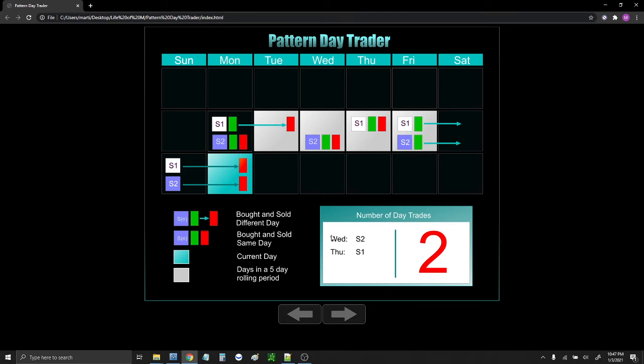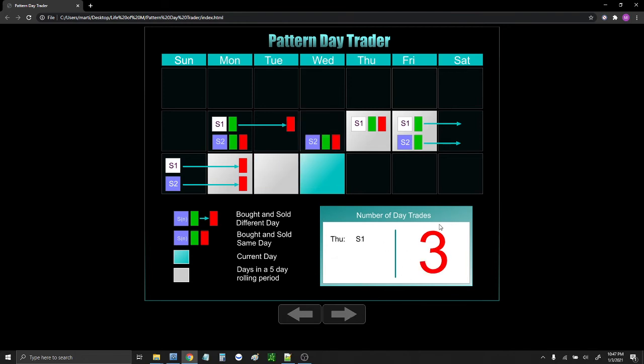And we advance another day. As you can see, we haven't been able to get these out of the 5 day rolling period, so nothing has really changed. But on Wednesday, we went up another one because the 5 day rolling period no longer extends to that particular transaction.